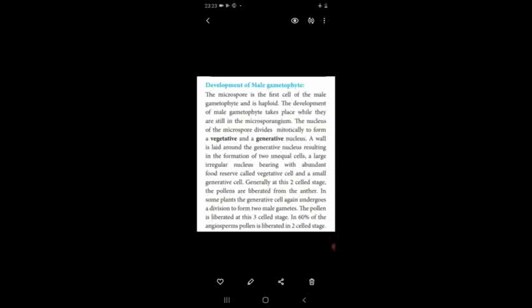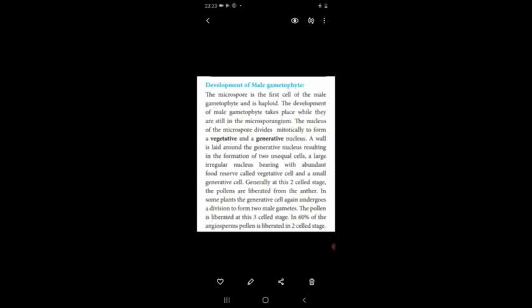Listen, dear students, once again. The microspore, which has only one nucleus, undergoes mitotic division to form two cells. One is the vegetative cell, another one is the generative cell. This generative cell alone undergoes mitotic cell division to form two unequal cells. One of the cells is large and irregular, with a nucleus having a large amount of abundant reserved food material.